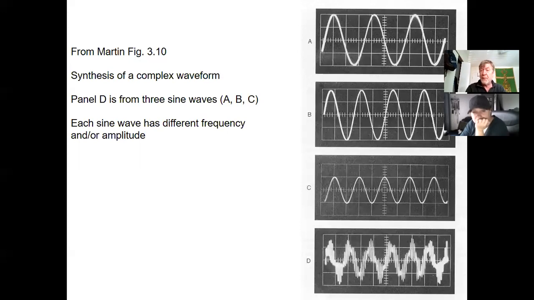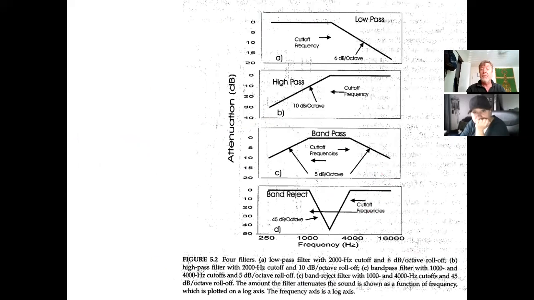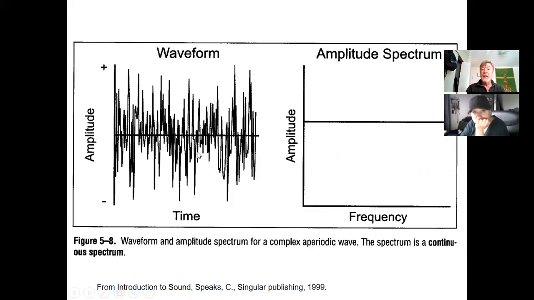Okay, so the bottom one might be a vowel: A, E, I, O, U. Whereas this might be S, Sh, K, consonants. Consonants are noise.